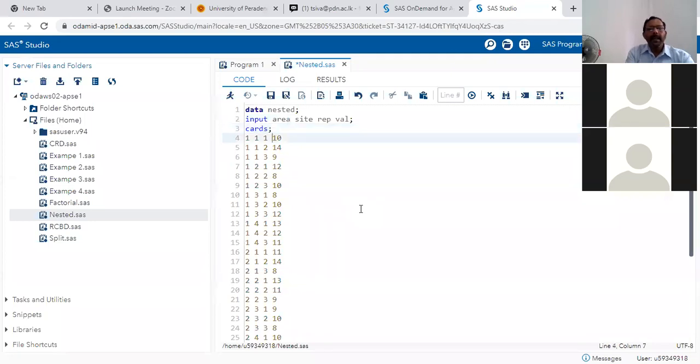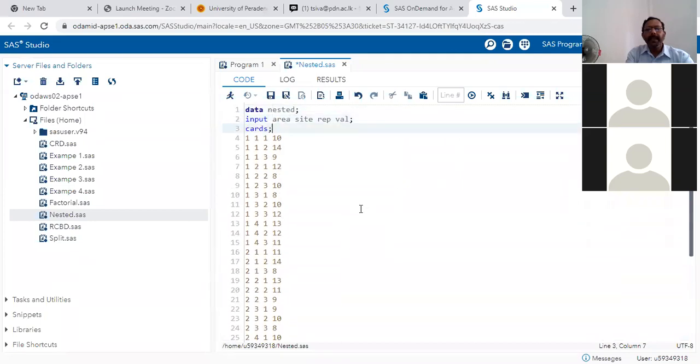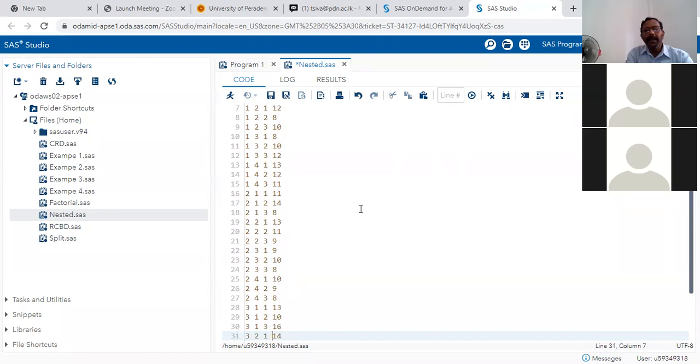Then we have the data. I hope everybody could have entered the data because I told you to enter the data. Anyone has a problem in entering data? Indujalini, have you entered the data in your computer?